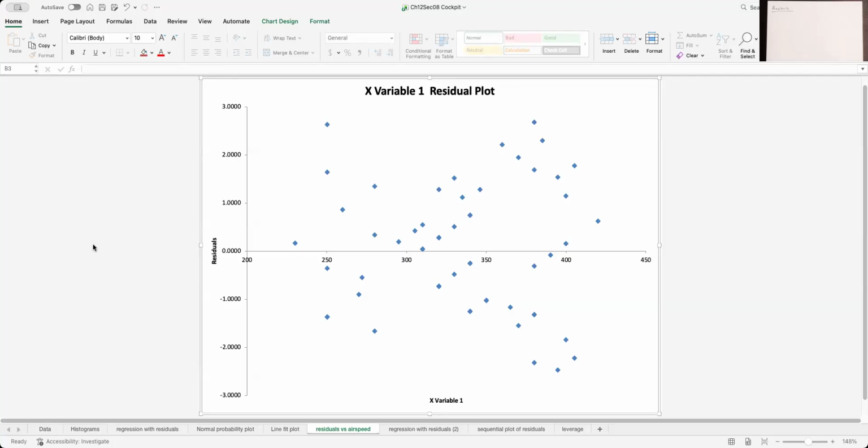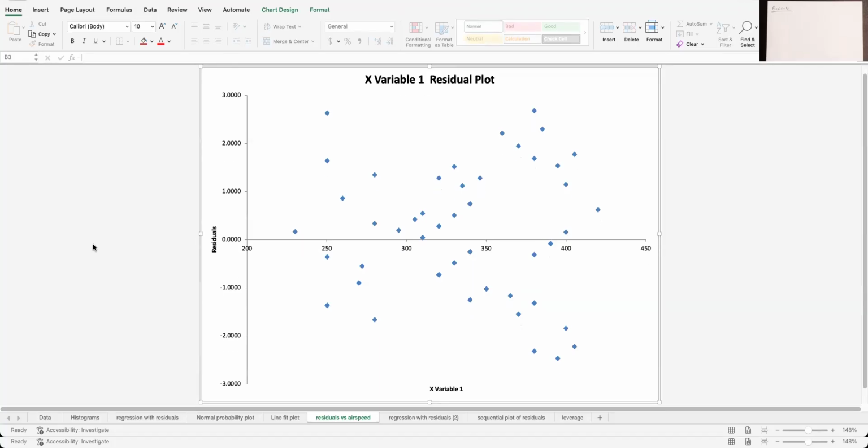Which means anything above +2 or below -2, those are unusual. Nothing seems to be outside the ±3 range, so I don't think I have anything that's truly an outlier. But those things can cause a lot of shift in the regression equation itself.